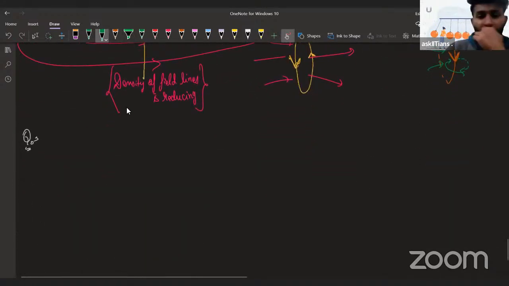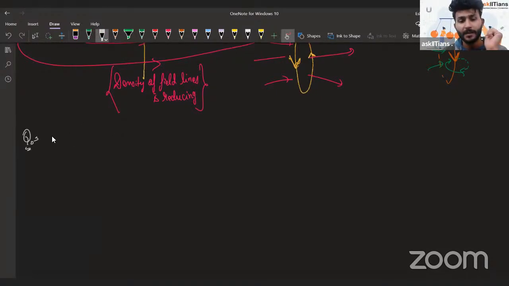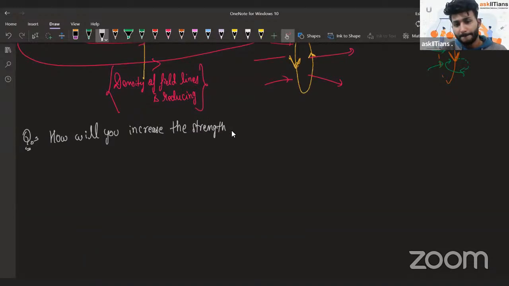Okay. Fine, guys. Next thing which I should be discussing is making an electromagnet. How will you increase the strength of an electromagnet?